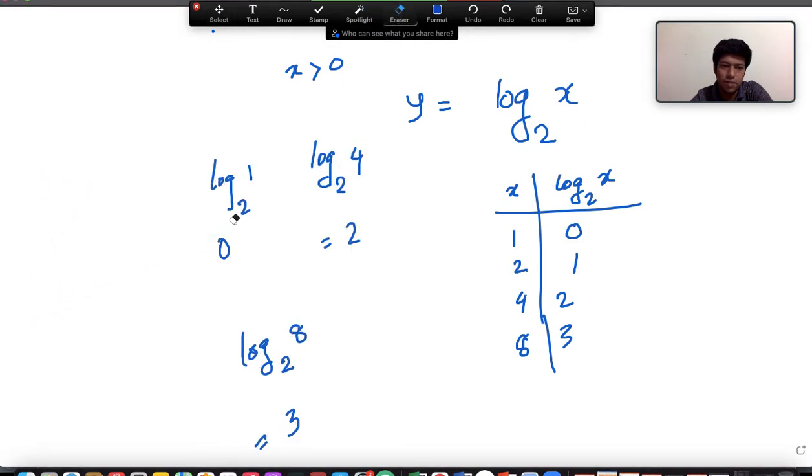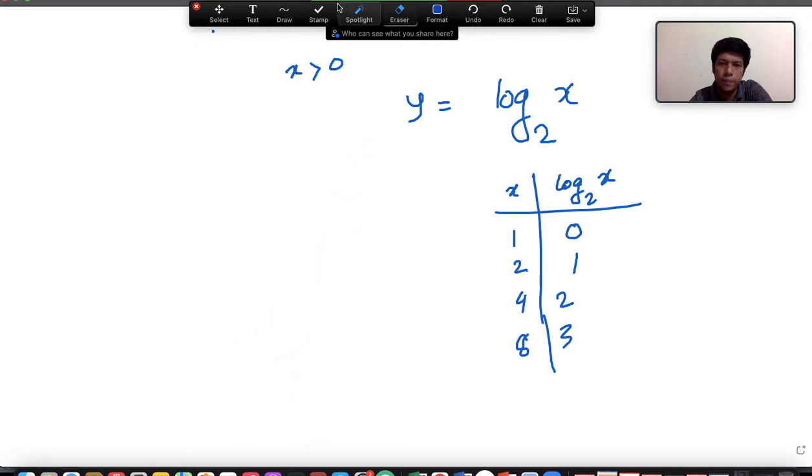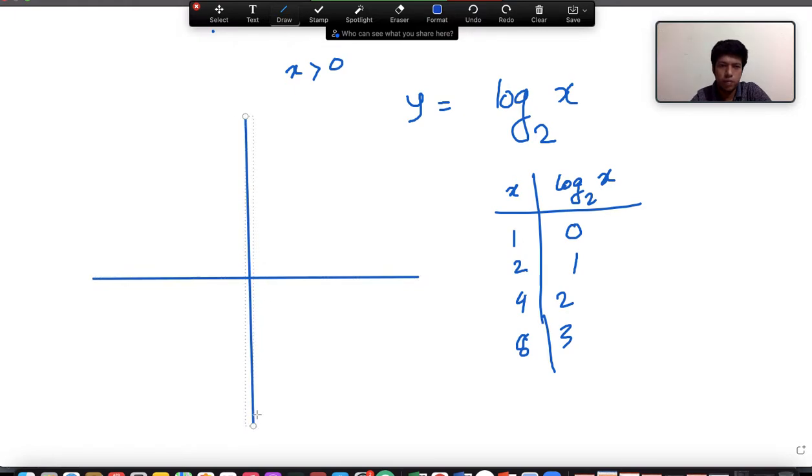So let's use the eraser. Okay. Now we'll try to graph it here. Of course, the graph will be slightly approximate.